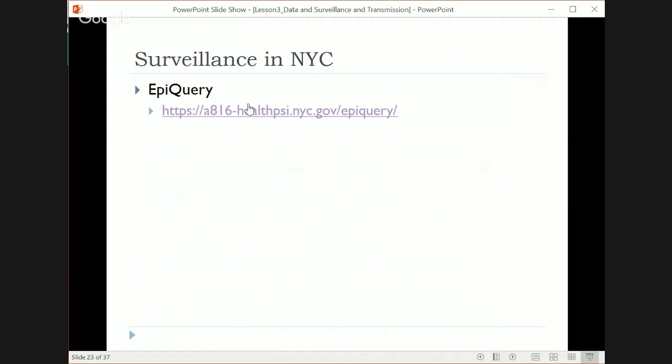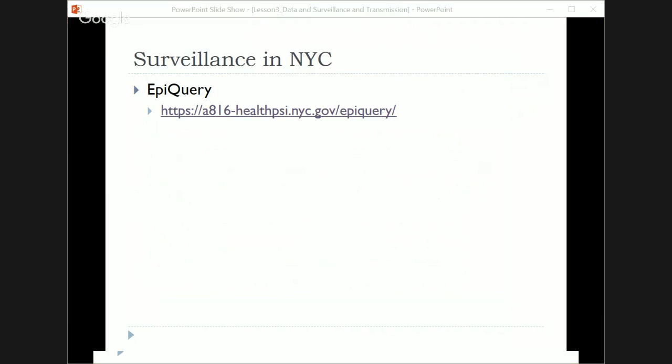All right, the last thing in the surveillance section that I want you to be aware of is the EpiQuery website. I'm not going to go to, well, wait, maybe I will quickly. Let me switch the screen to it.